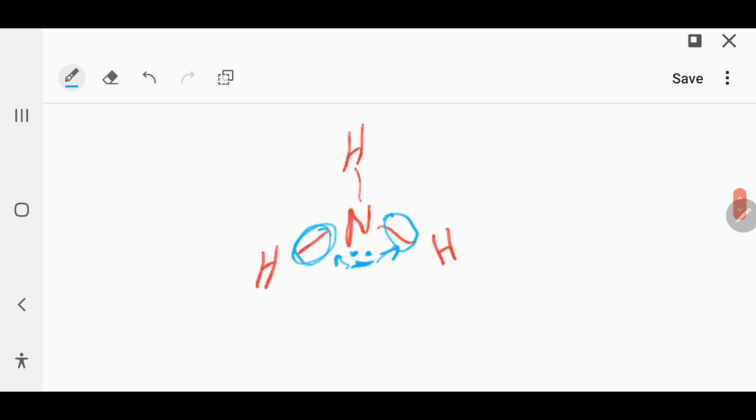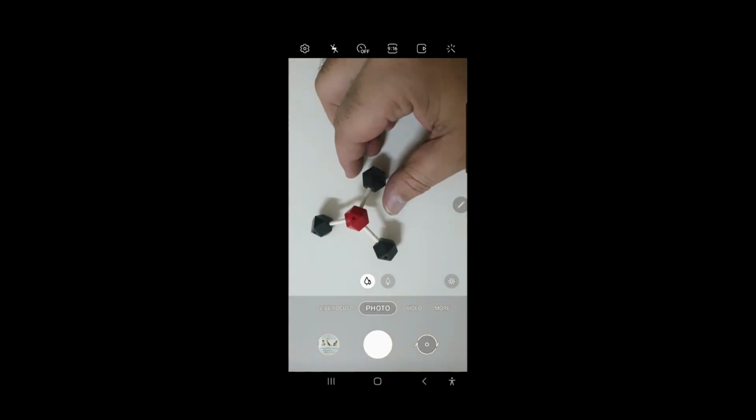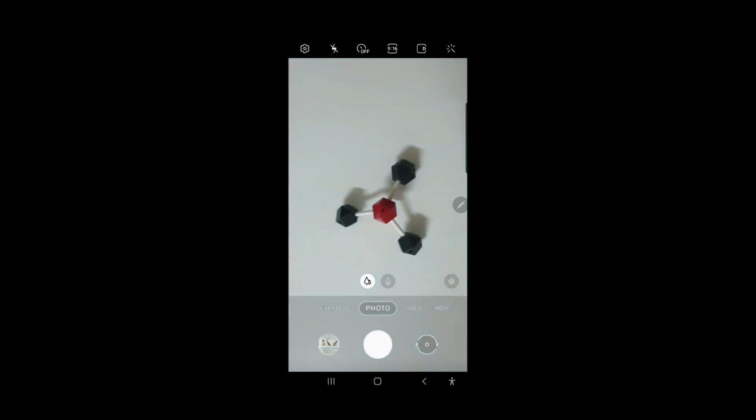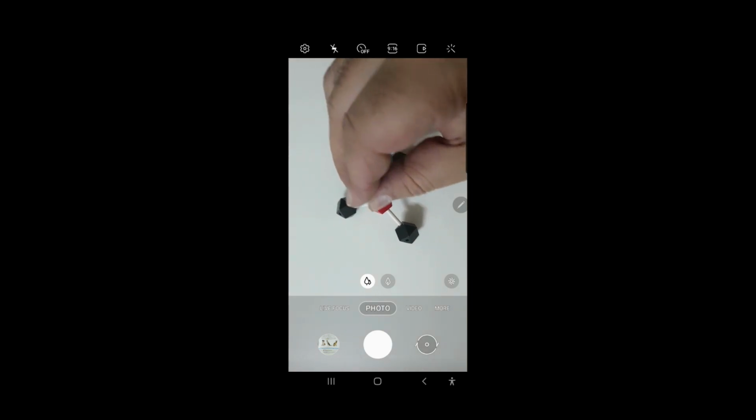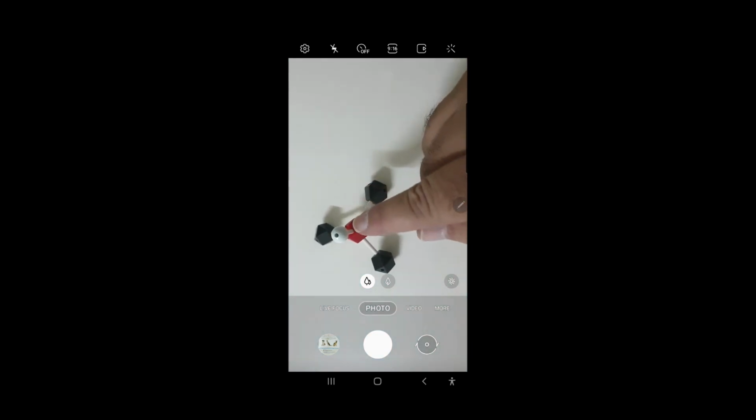So what do you think? Actually, what happened is, imagine that this is the triagonal planar, but because we have a pair of electrons located here over this atom, this electron will cause this electron to move far away from it.